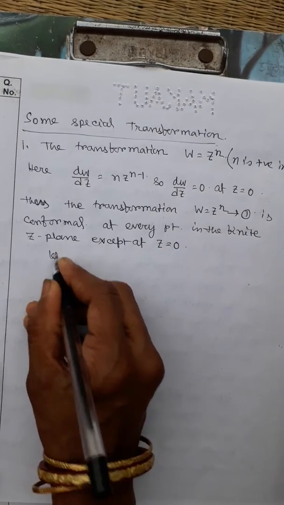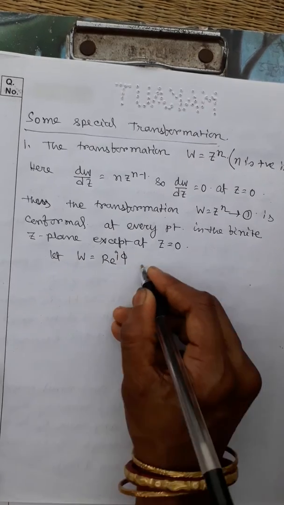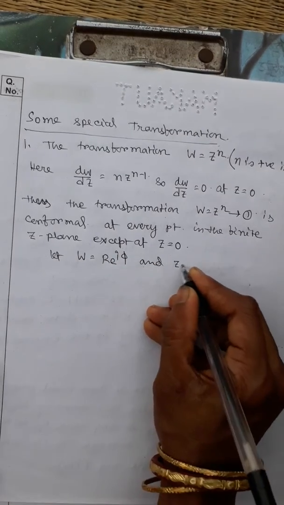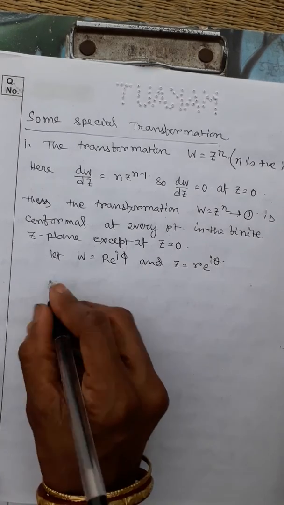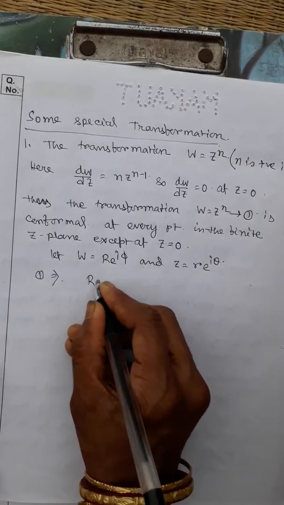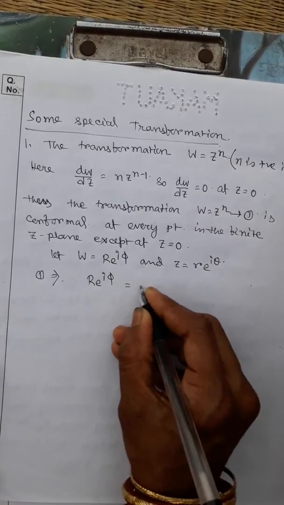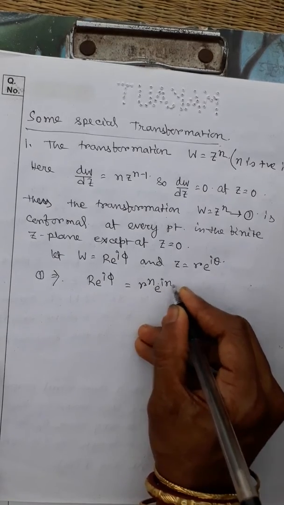So now let w = R e^(iφ) and z = r e^(iθ). Then from 1 we have R e^(iφ) = r^n e^(inθ).